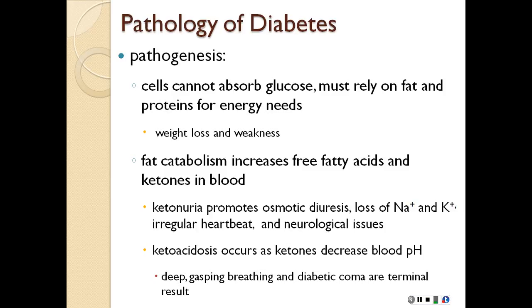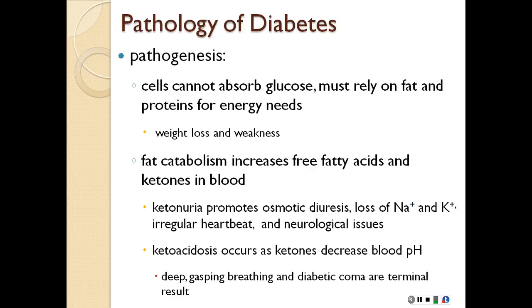Remember how we talked about that when ATP is made, there's going to be production of H2O and CO2, and also if fatty acids are in the bloodstream, that's going to lead to ketones, which are acidic. We'll talk more about these a little bit later. That results in ketonuria. Ketonuria promotes osmotic diuresis and loss of sodium and potassium, resulting in irregular heartbeat, as well as neurological issues.